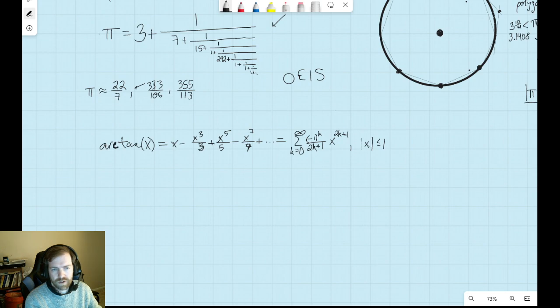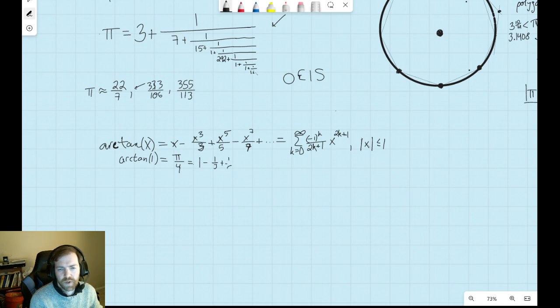Because the arctangent of 1 is going to be equal to pi over 4, which is then going to be equal to the sum of the coefficients. So 1 minus a third plus a fifth.